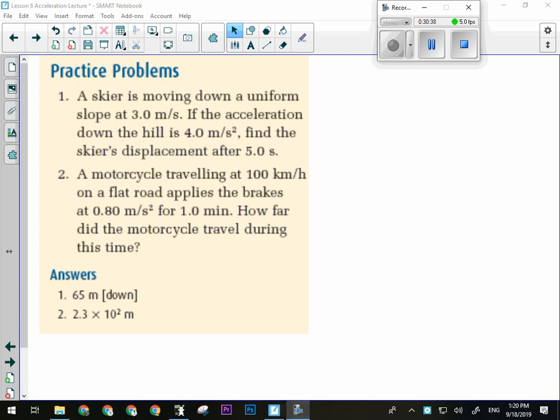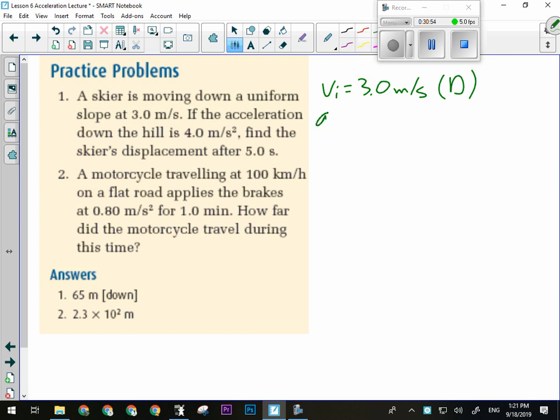Okay, we've got a skier moving down a uniform slope at 3 meters per second. So vi will be 3.0 meters per second down. If the acceleration down the hill is 4 meters per second squared, down, then find the skier's displacement after 5 seconds.